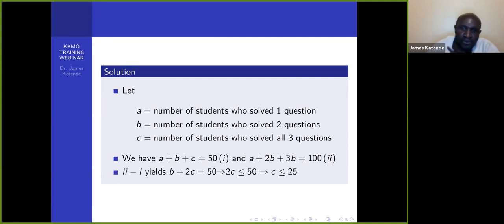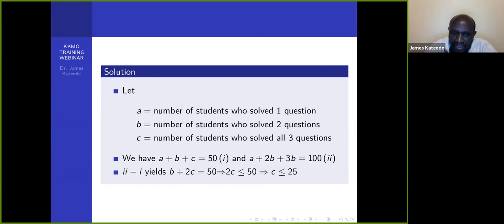If you subtract equation 1 from equation 2, you end up with B plus 2C equal to 50. The only correction you need to make is here: this should be 3C and not 3B.